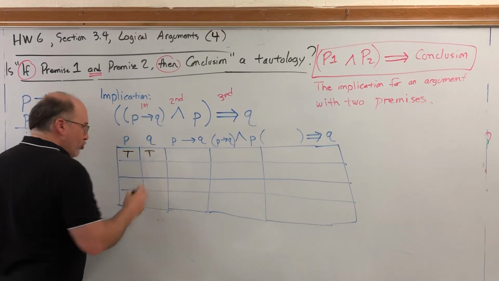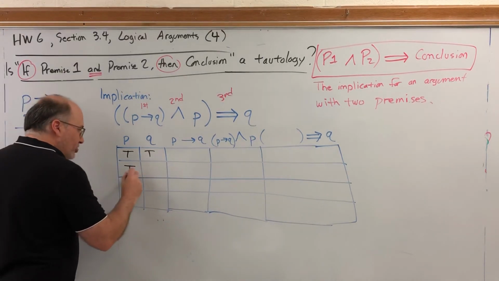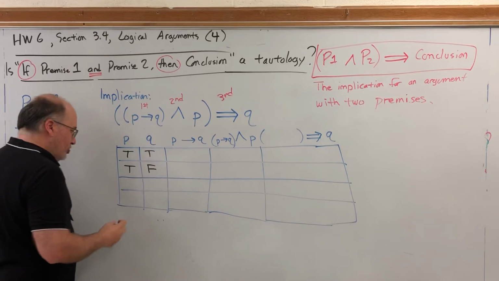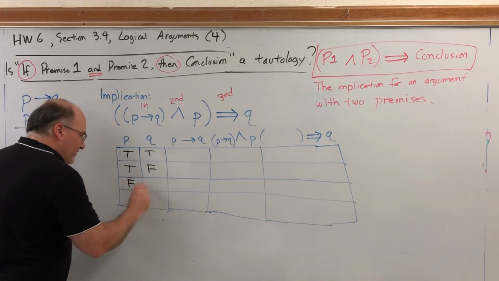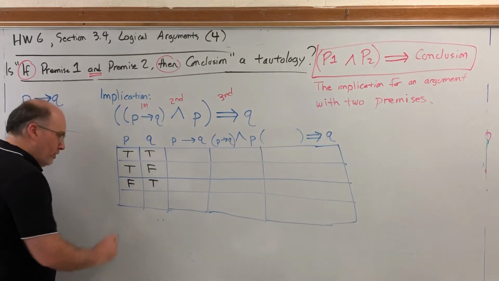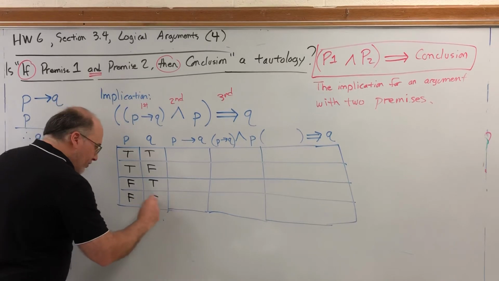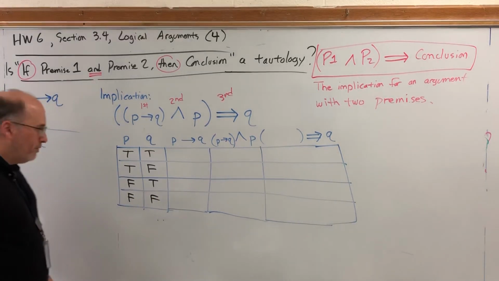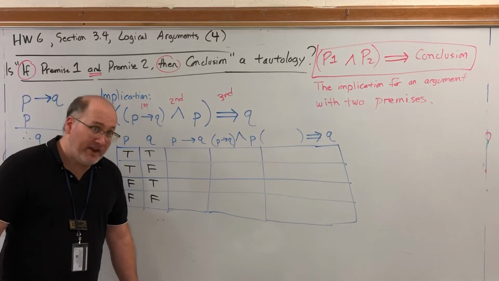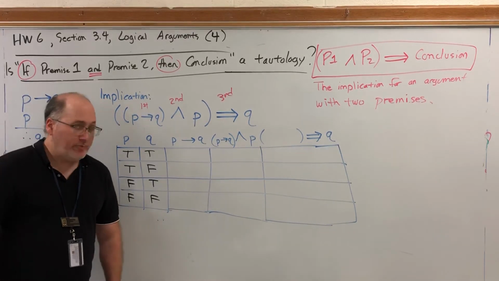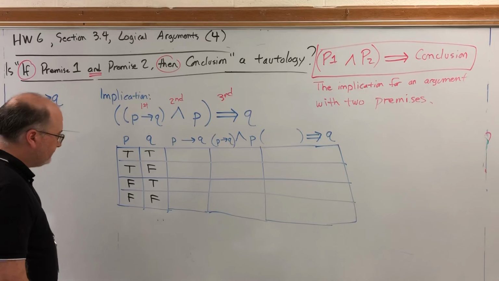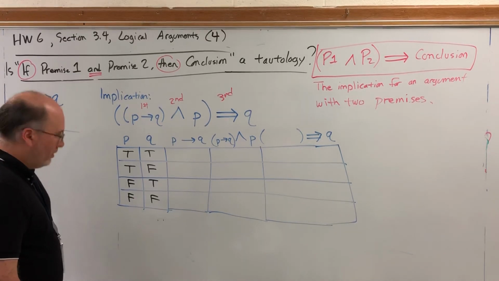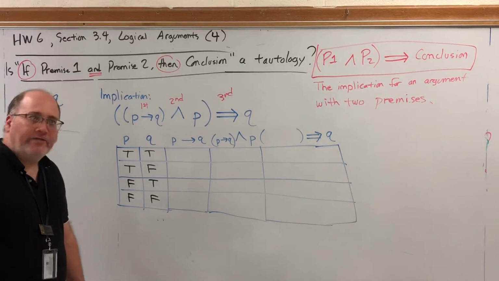Either they're both true, or the first is true and the second is false, or the first is false and the second is true, or both are false. I invite you to pause the video and complete this truth table if you haven't already, because after all, it was set up on the previous video. I'm going to continue, and we're going to finish this truth table.